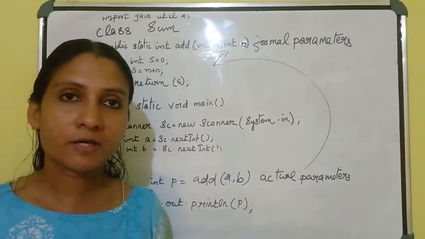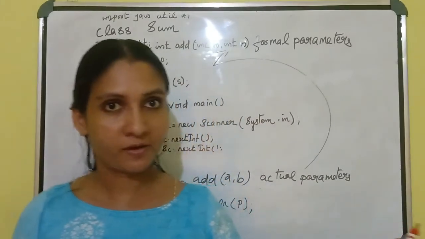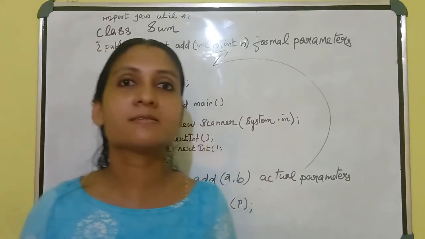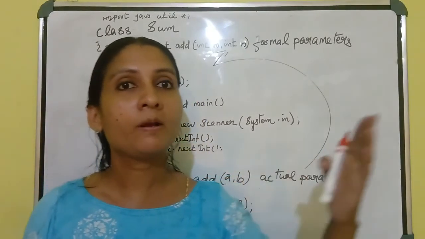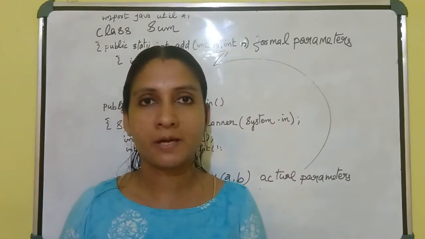When you are creating a function, the formal parameter is defined. When you are calling a function, the actual parameter is created. And formal parameters are preceded by a data type. Actual parameters are not preceded by a data type.